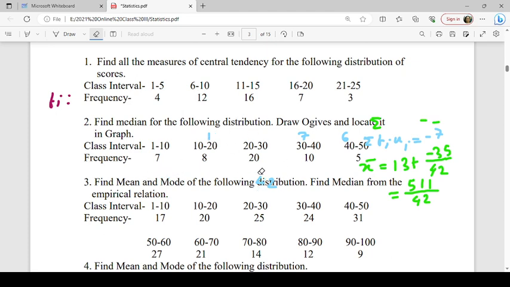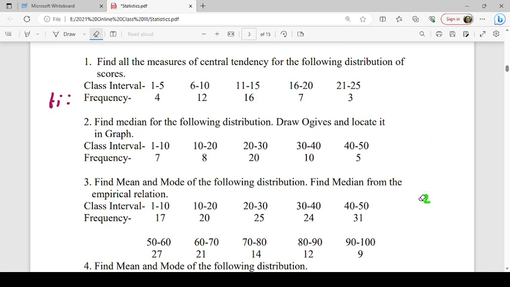Our classes are 1 to 5, so less than means the upper limit is 5 for this class, so we need to find the less than 5 value. We write less than CF here, CF means cumulative frequency.